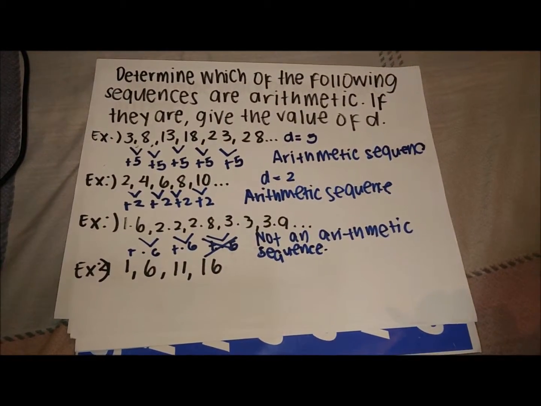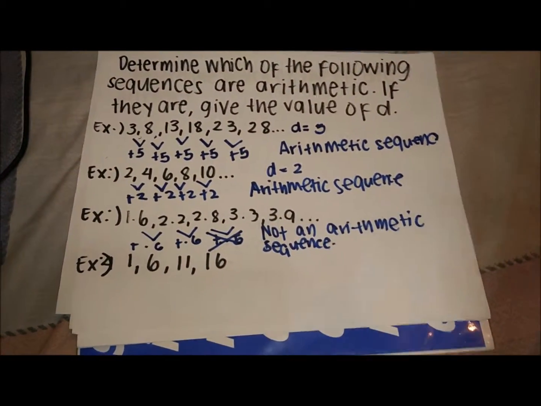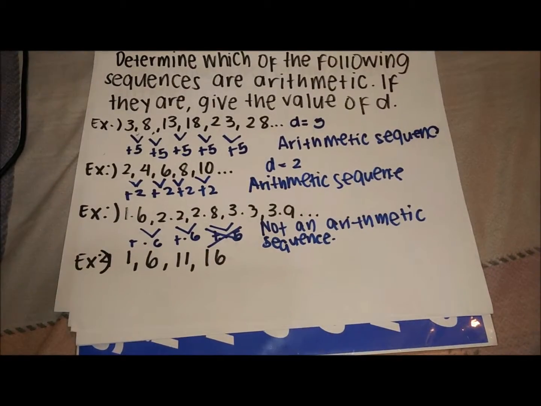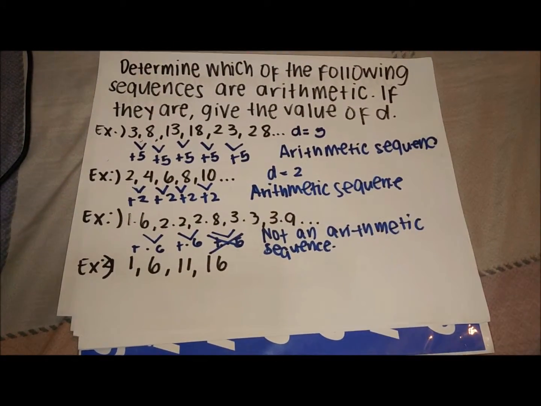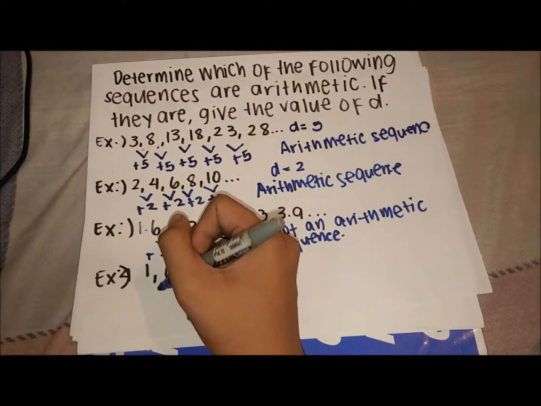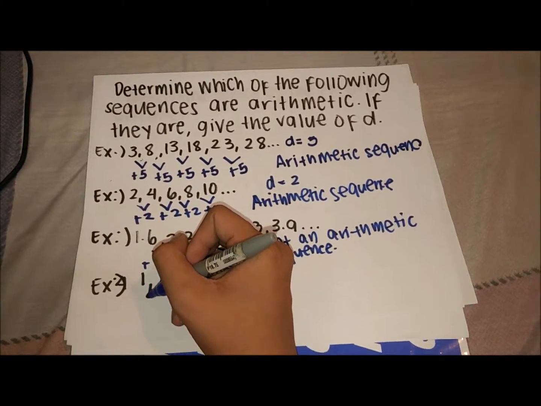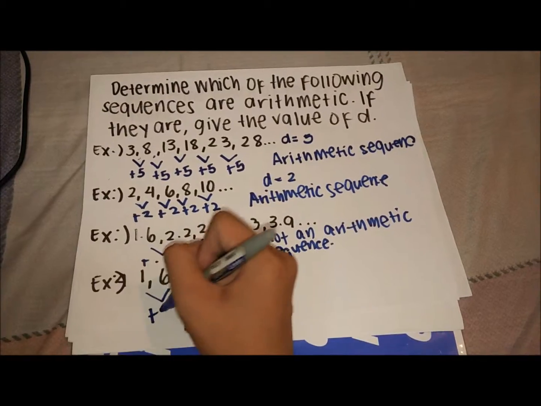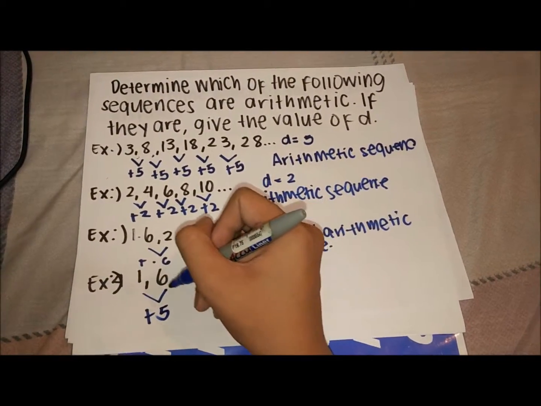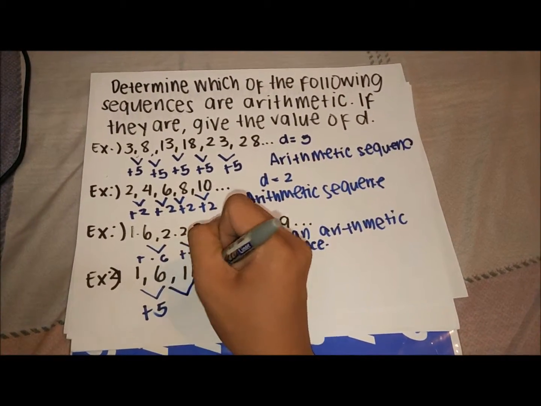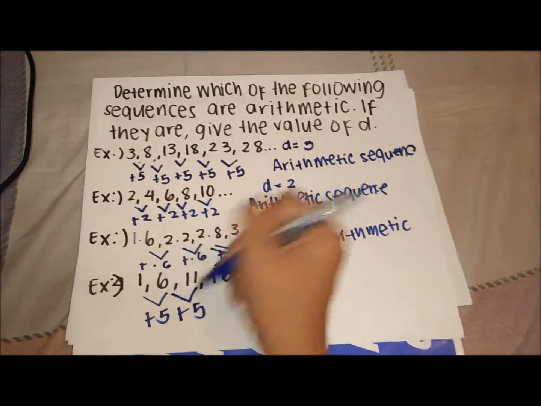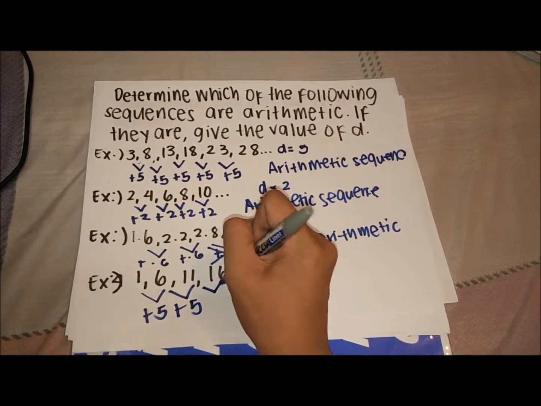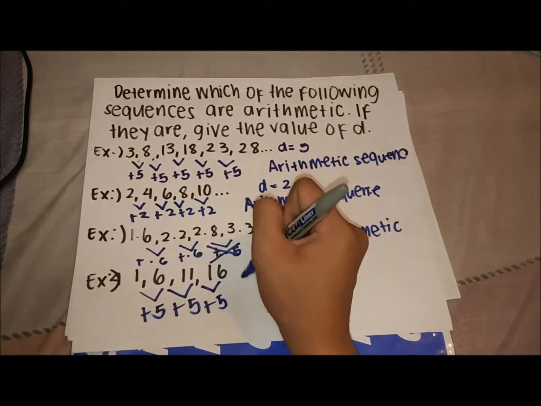So let's go to the next example, the last example for this topic. Notice that if we go from 1 to 6, we get 5. From 6 to 11, we get another 5. And from 11 to 16, we have another 5.